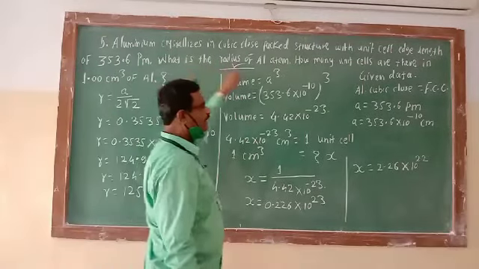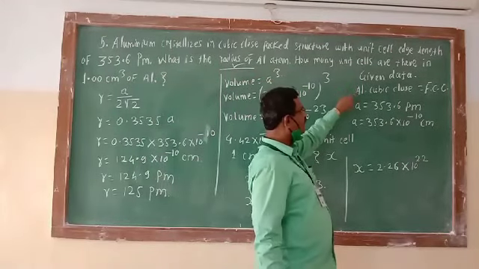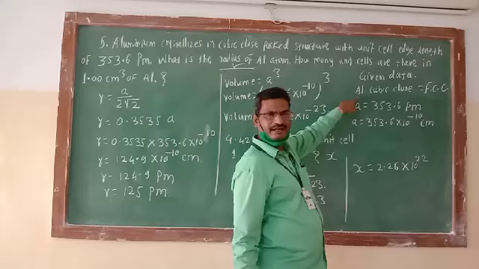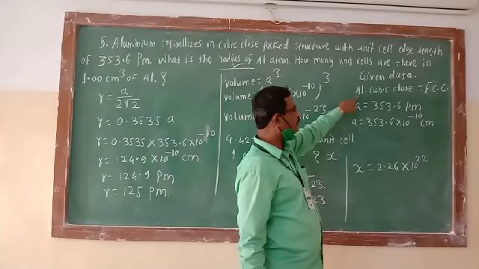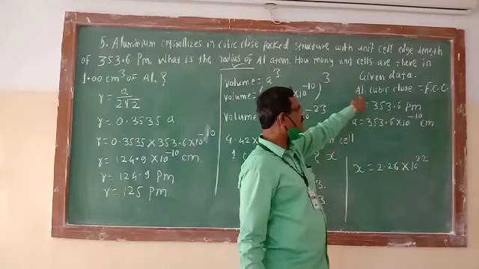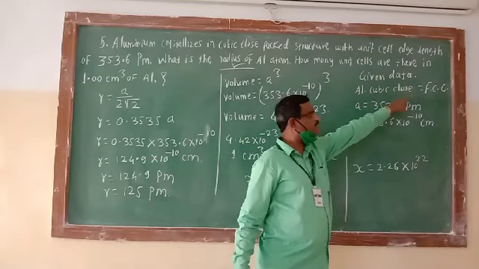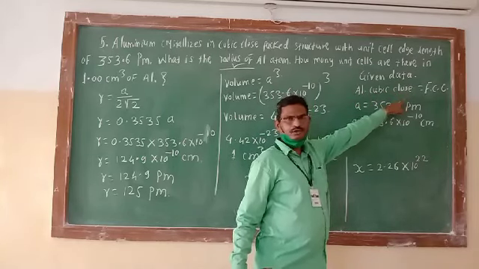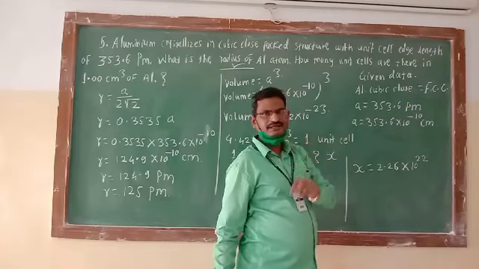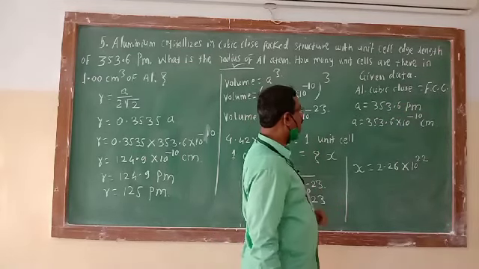The given data for this problem is the element atom given is aluminium, which has a structure of cubic close packed, means face centered cubic structure, where one unit cell is containing 4 atoms of aluminium.